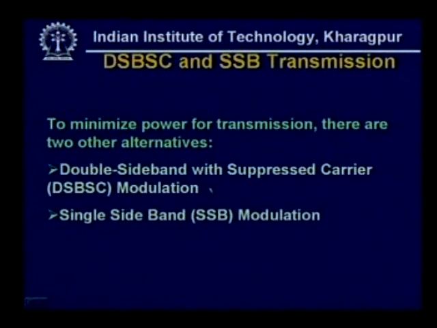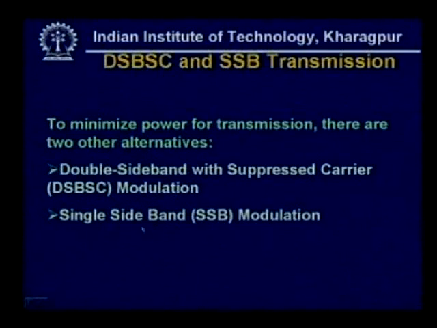Transmission is possible by suppressing the carrier and sending only the two sidebands. Another alternative is you can send one of the two sidebands. So, the original signal can theoretically be recovered. There are some practical aspects that we shall consider later. However, it is possible to recover the modulating signal from one of the two sidebands.